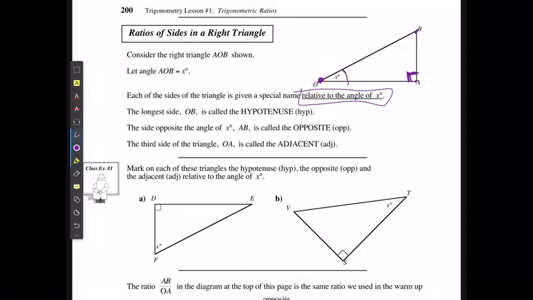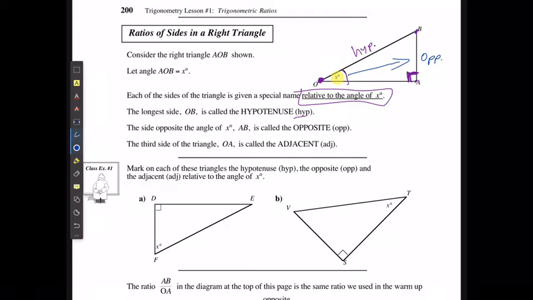In a right angle triangle, from the perspective of angle X, the longest side is the hypotenuse, which most of us already knew. The side opposite of X, which is the length of A to B, is called the opposite. This is the side length that is not used to create X, which is why we call it opposite from X.